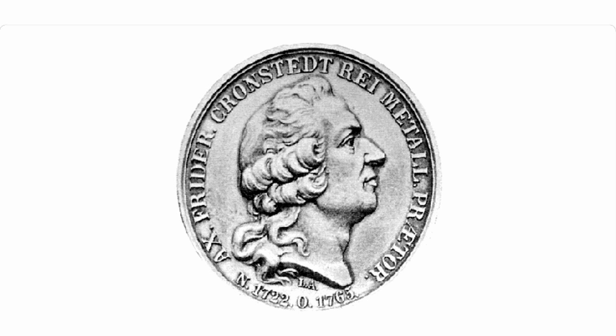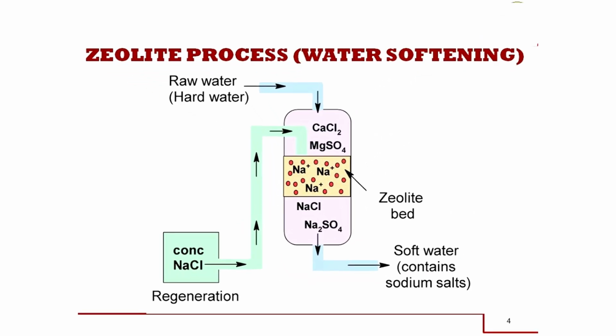Zeolites are minerals that have a porous structure, such as hydrated aluminum silicate, and that have an open structure that can accommodate a wide variety of positive ions, such as sodium, potassium, calcium, magnesium, and others.